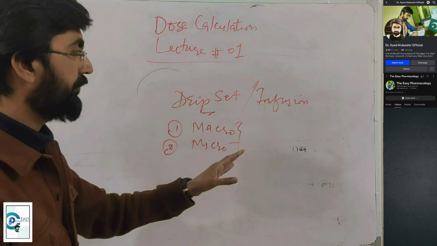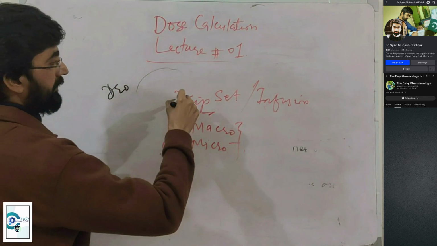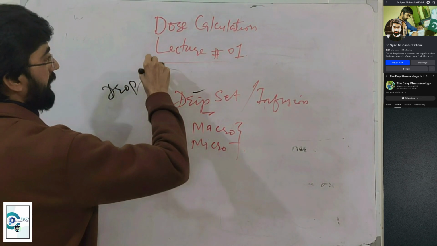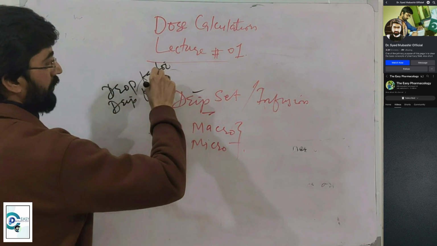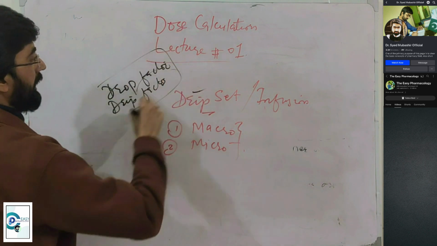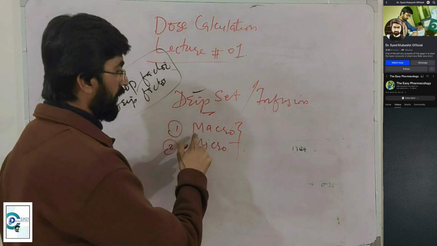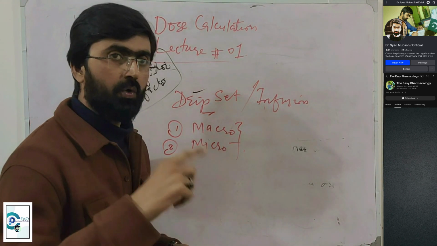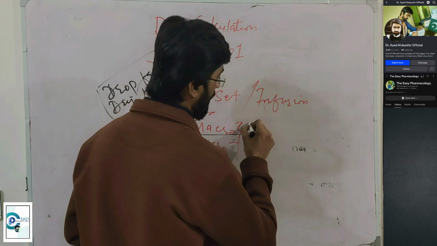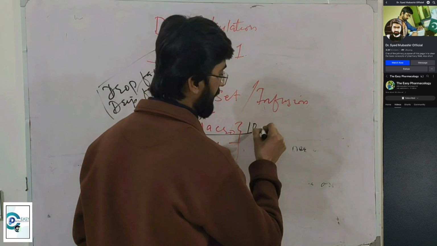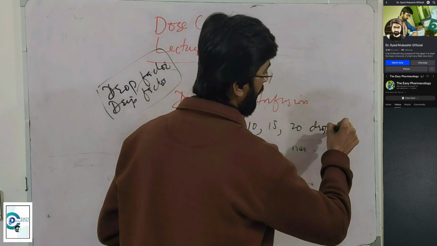Before this we have learned drop factor or drip factor. Those drip sets which contain either 10 or 15 or 20 drop factor are known as macro drip sets.